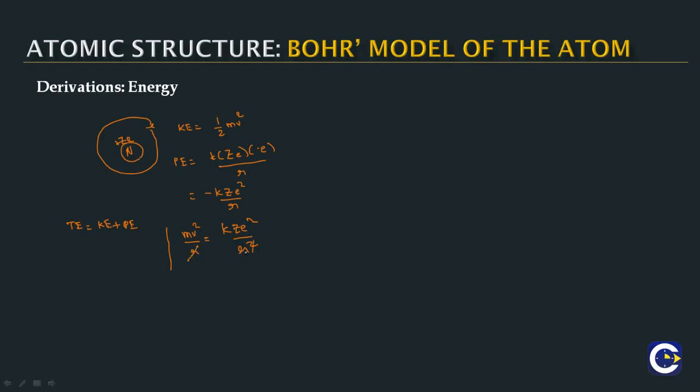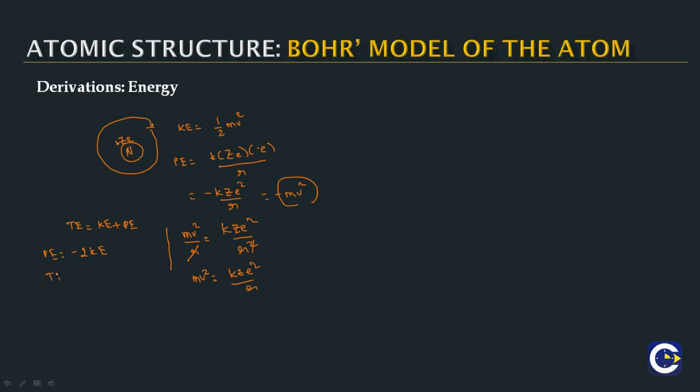On cancelling r, we will get mv square is equal to kze square by r. So what we can see here is that the potential energy will be simply equal to minus mv square, which means the potential energy value is simply minus 2 times the kinetic energy.